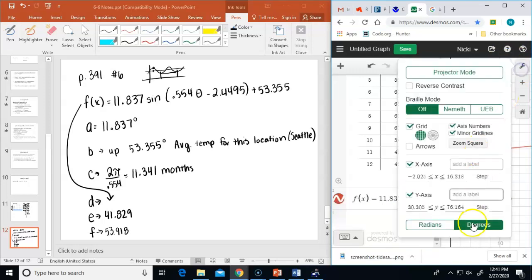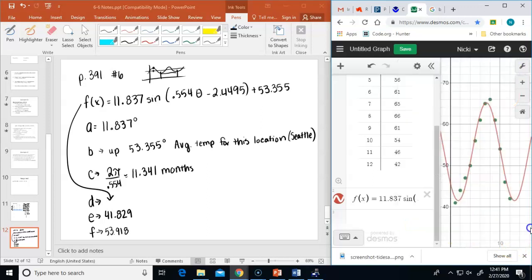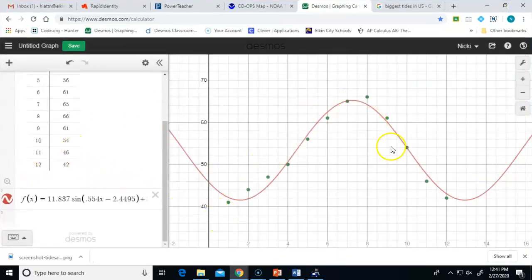Did I change it? I changed it to degrees. Go back to radians. Okay, and then it matches.